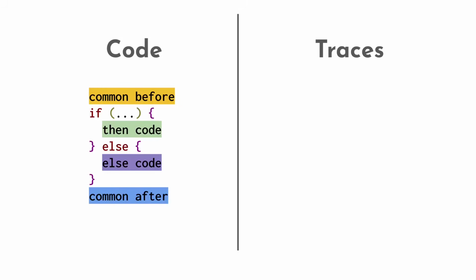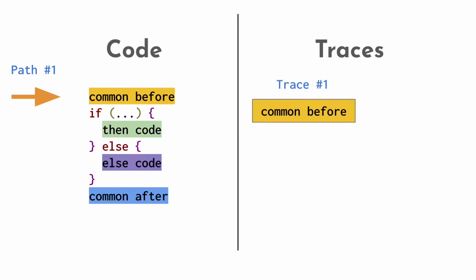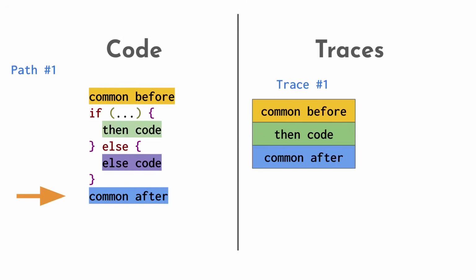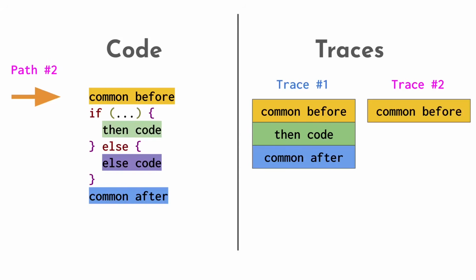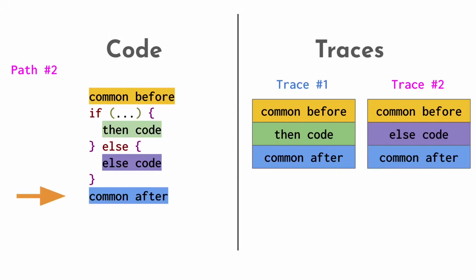The idea of tracing is that, let's say you have some code, you create traces of the paths that the code may follow. So let's say trace 1 is the common code before the if, then the then branch, and then the common code after. And then you have trace 2, the else code and the common code after.